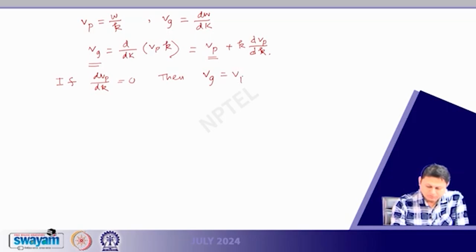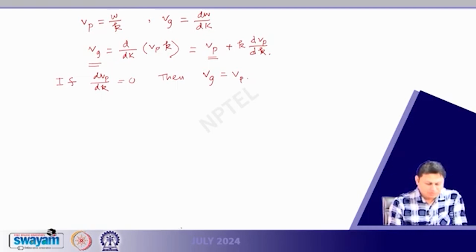That means the phase and group velocity are the same.